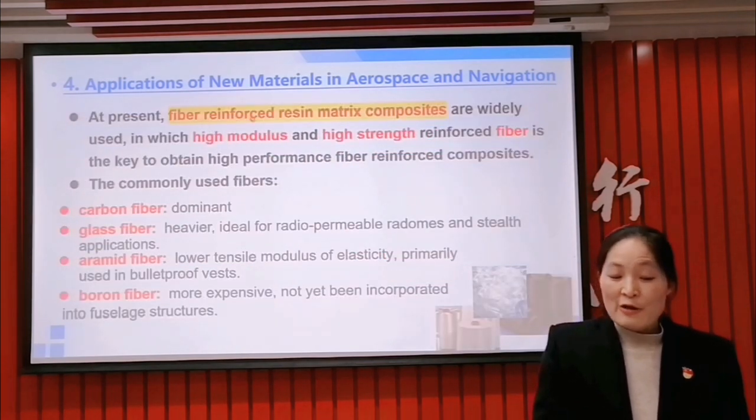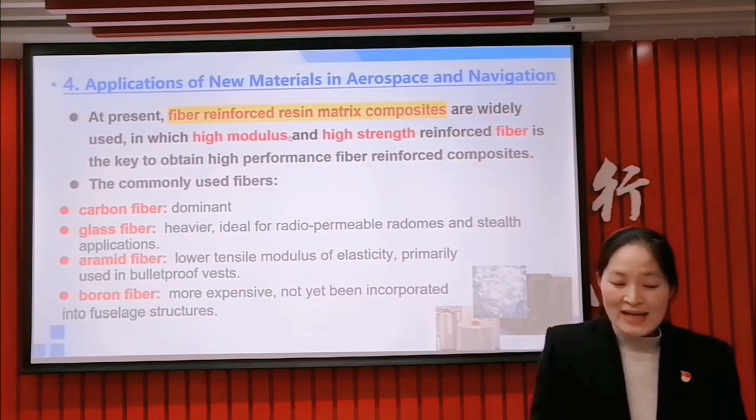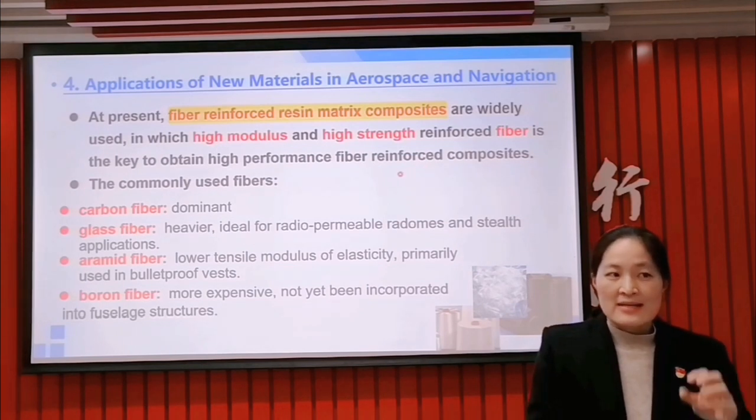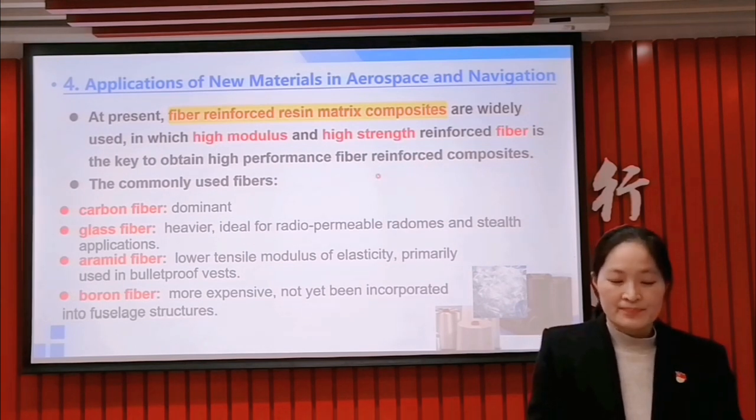At present, fiber-reinforced resin matrix composites are widely used, in which high modulus and high-strength reinforced fiber is the key to obtain high-performance fiber-reinforced composite. That means the key material is the fiber.